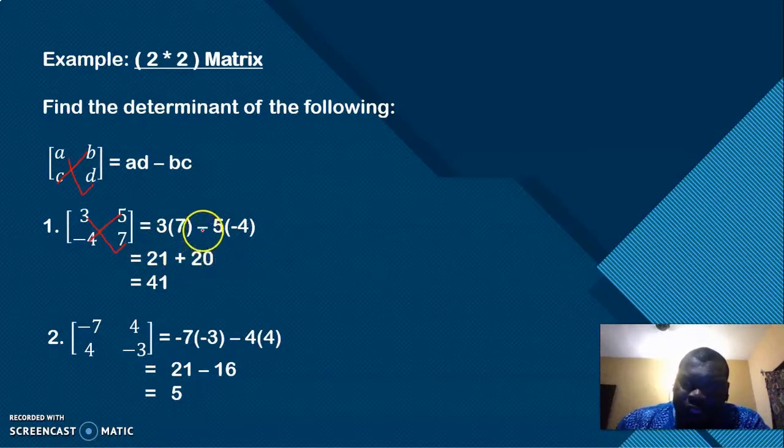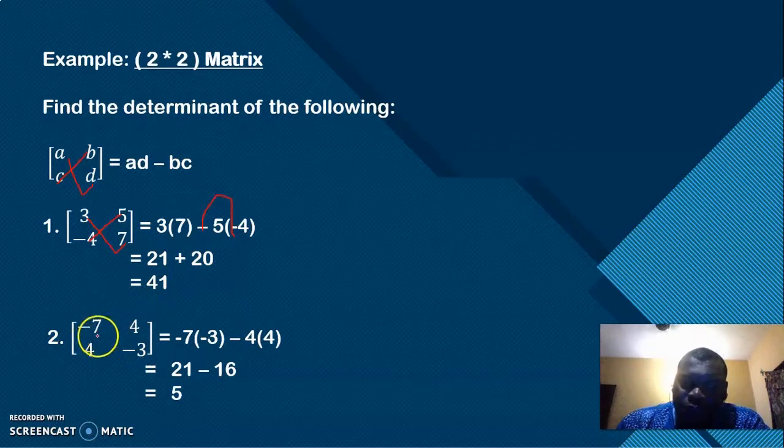Minus times minus gives us plus, so plus 20, since 5 times 4 is 20. So 21 plus 20 gives us 41.